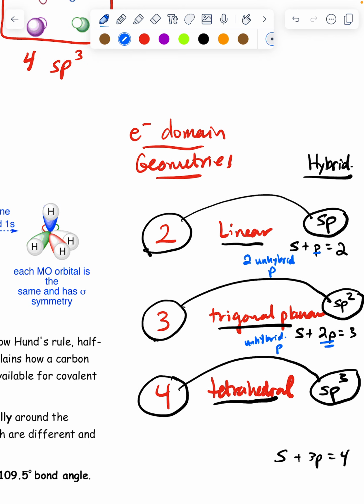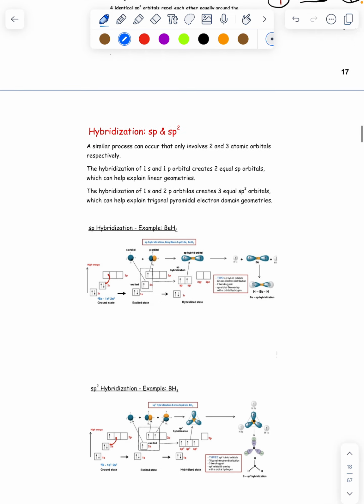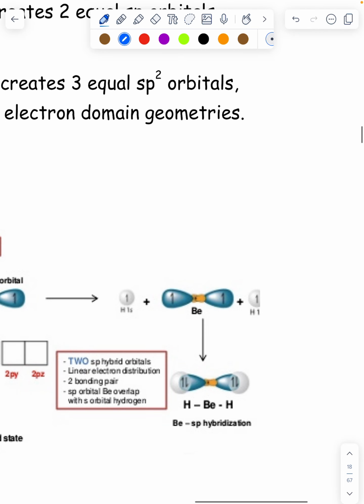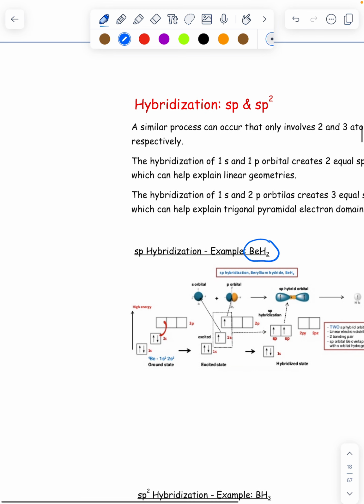Okay, so let's put this into practice and see what we can figure out. Okay, so this is an example here where, let's see, BeH2, if we drew it, let's see if what I said holds true. So we've drawn BeH2, it's one of our weird incomplete octet examples, and I can see that there are 2 electron domains.